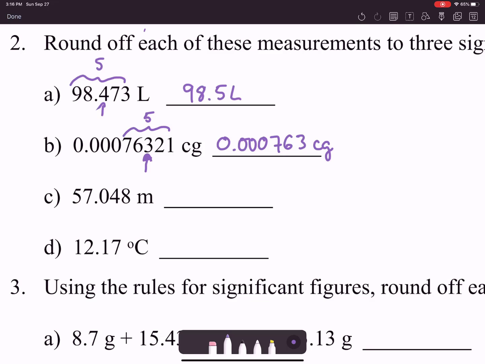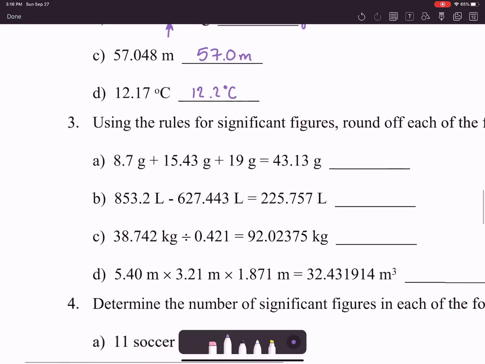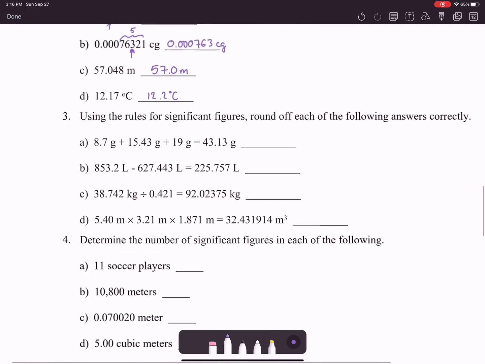All right, if we want to go to 3 significant figures here, the same way this has 5 significant figures, so we're going to go to this. All right, and then the final one, 12.2 degrees Celsius.